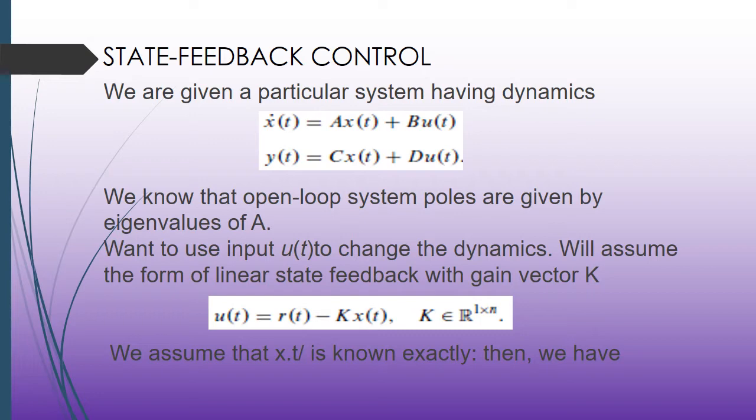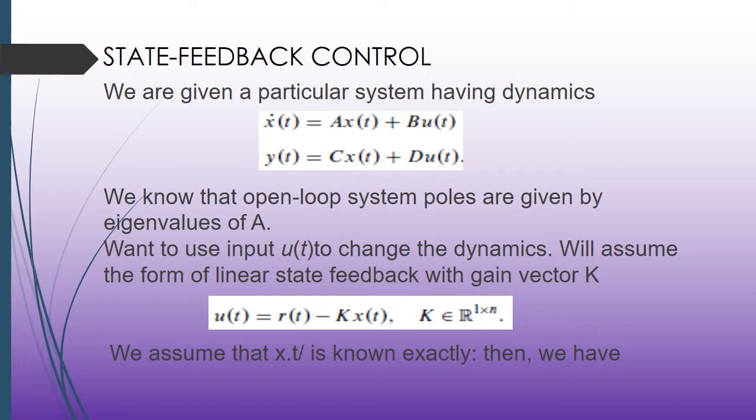We will assume the form of linear state feedback with gain vector K. This creates a formula which is u of t equals r of t minus Kx of t, where K is an element of R raised to 1 by n.